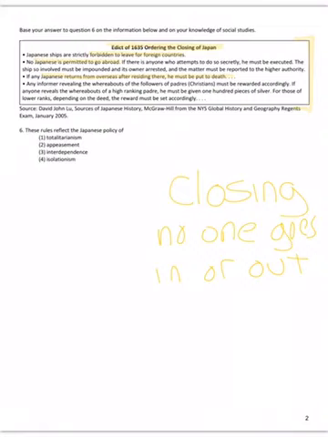If anyone reveals the whereabouts of a high-ranking padre or father, he must be given 100 pieces of silver. For those of lower rank, depending on the deed, the reward will be set accordingly. So no Christians, which makes sense because Christianity would be an outside influence. So no Christians, no outside influences.